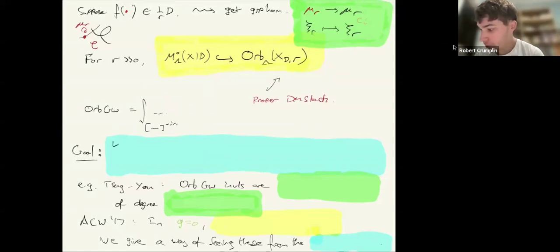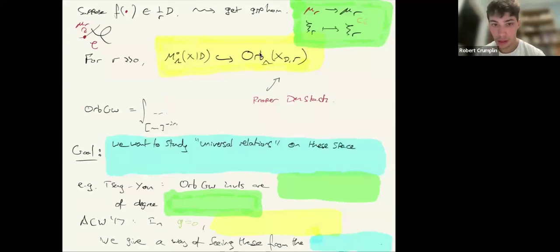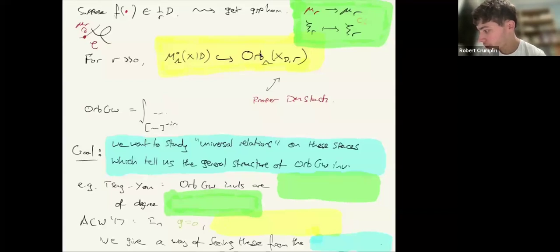So what I want to do is study so-called universal relations on these spaces, which tell us the general structure of these integrals, the general structure of orbifold GW invariants. So just these integrals.